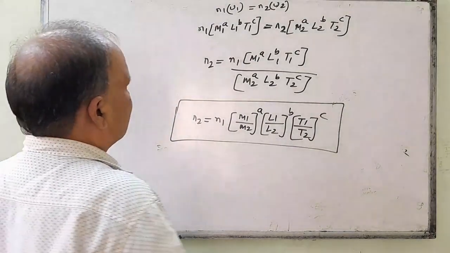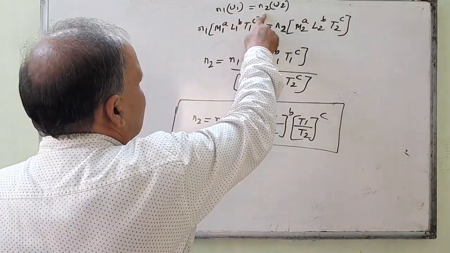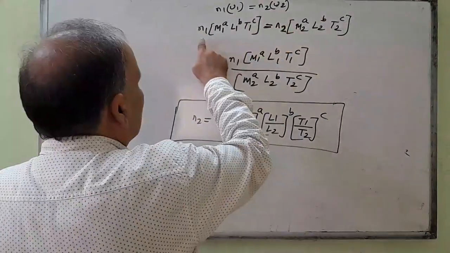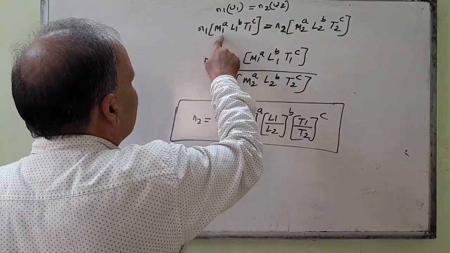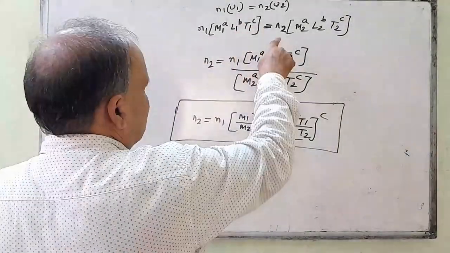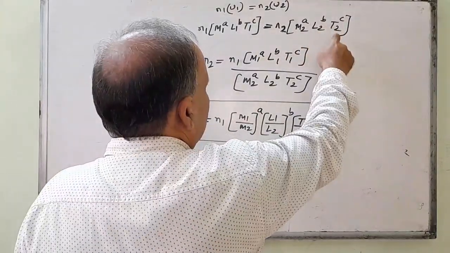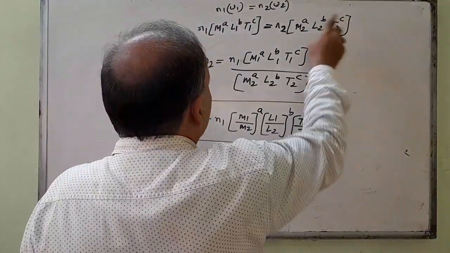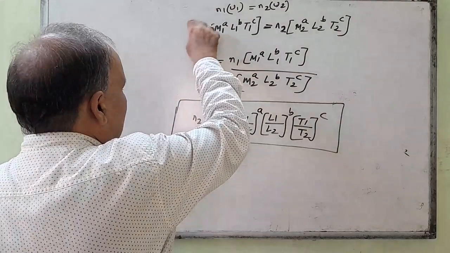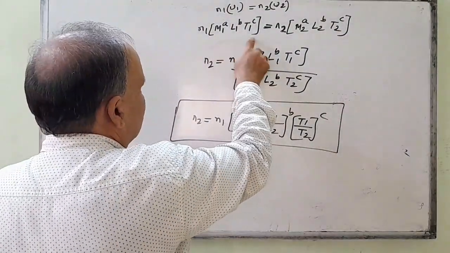So, we can write in system 1 it is written as n1 u1 that is equal to n2 u2, or we can write n1 into M1 to the power a, L1 to the power b, T1 to the power c is equal to n2 into M2 to the power a, L2 to the power b, T2 to the power c. You remember, this part gives the magnitude and this part gives the unit, or the dimension gives the unit.